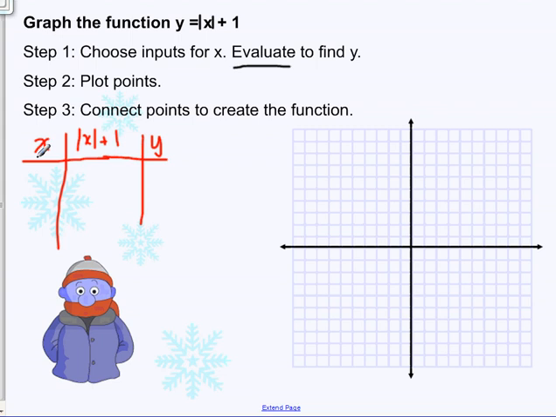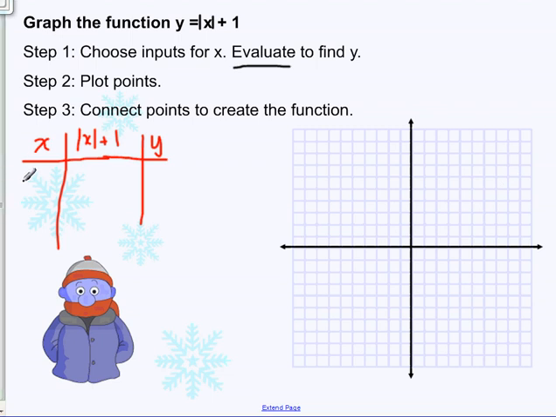As a rule of thumb, I always choose some negative numbers, 0, and then some positive numbers. It's a good balance. It also gets your function across a greater area of your coordinate plane. That way your function doesn't look lopsided, or just on this one side or in this one quadrant and things like that.